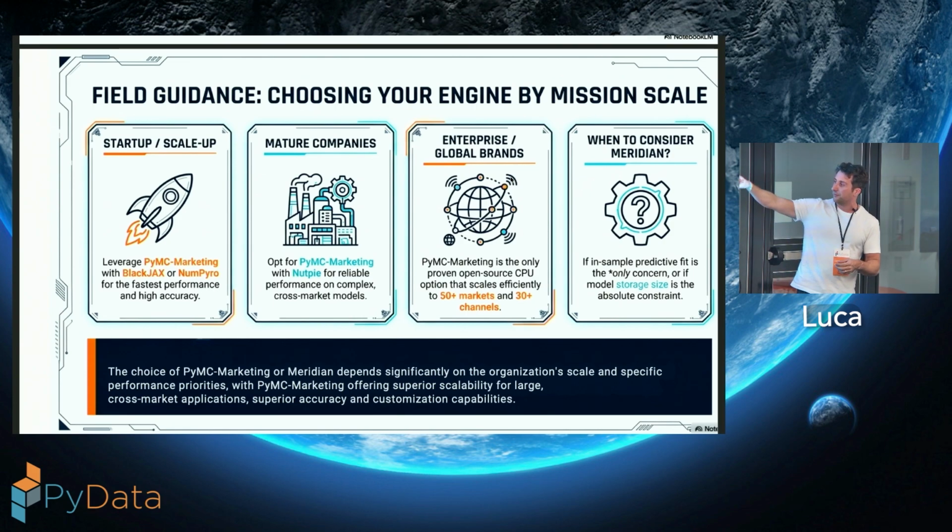Then for global brands, unless you go on the GPU, which we haven't tried, where Meridian works, you cannot really fit these large-scale models. Again, at the enterprise level, everything tends to be custom, because for this type of model you have a lot of data sets.